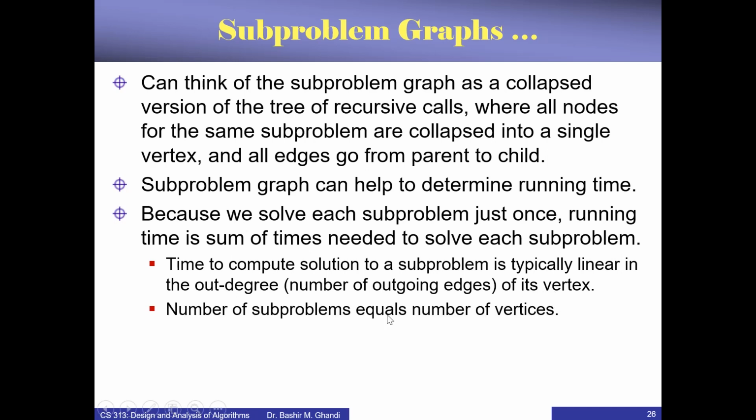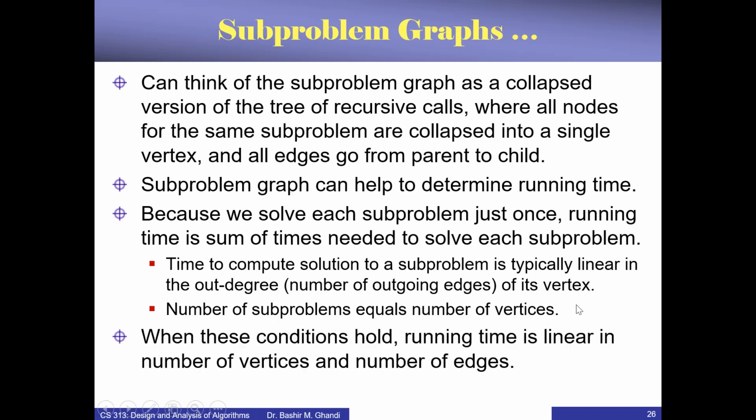And the number of subproblems will be equal to the number of vertices. Therefore, the running time for the whole algorithm, provided these two conditions hold, is going to be linear in terms of the number of vertices and the number of edges together. That will give you the running time for the whole algorithm. This is the idea of using subproblem graphs to determine the efficiency of algorithms.